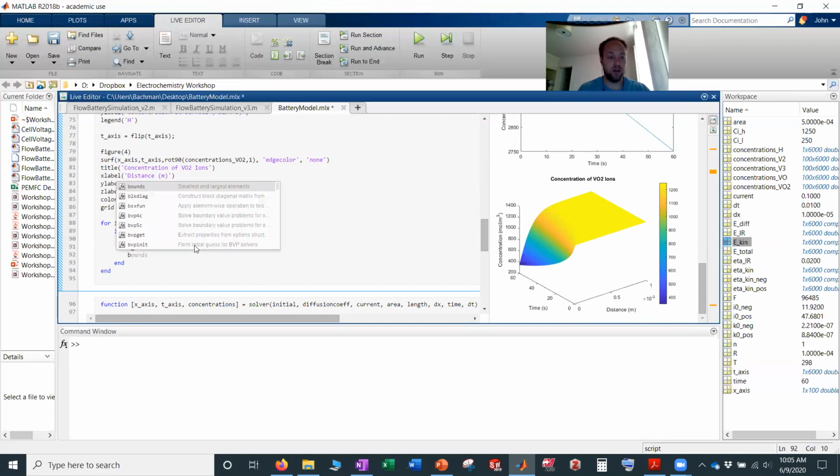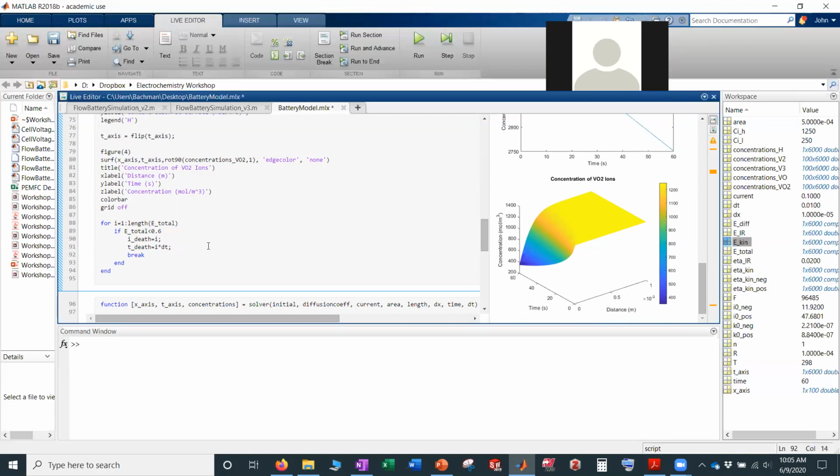It's break, I think. Is this going to break out of this for loop, or is it going to break out of the if statement? Hopefully, it breaks out of the for loop. No, I think it does only the if statement. There's a way to get it to break out of the for loop. We'll see what happens.